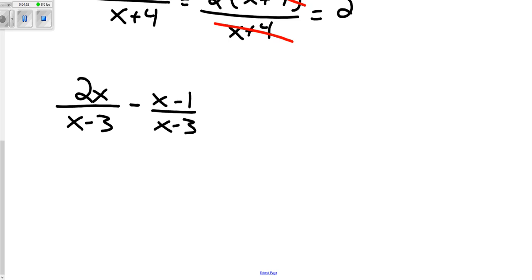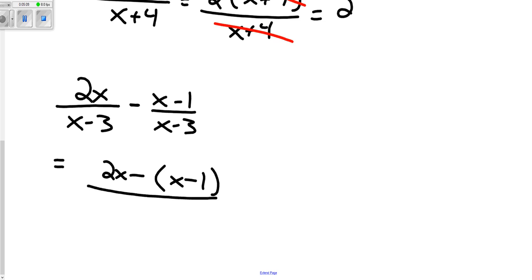The trick with this one is that when I combine stuff, I have a common denominator, right? So it looks like this: 2x minus all of this, all over x minus 3.